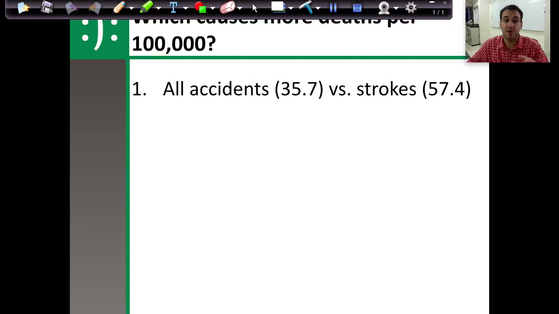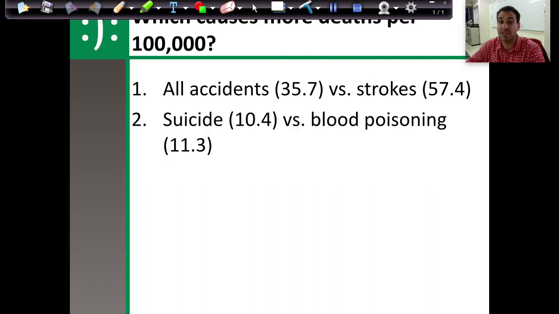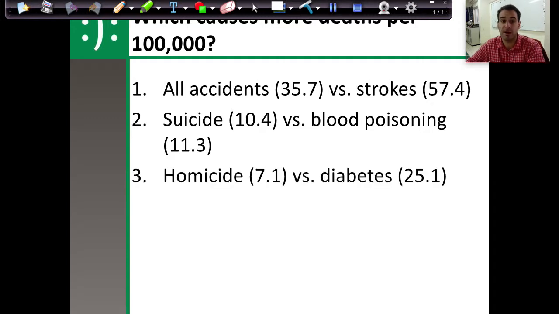Okay, so the things we looked at. All accidents, 35.7 deaths per 1,000. Strokes, 57.4. More strokes kill people than accidents. Suicides, 10.4. Blood poisonings, 11.4. Bet you wouldn't have guessed that, but you hear about suicides a lot more. Homicides, 7.1.